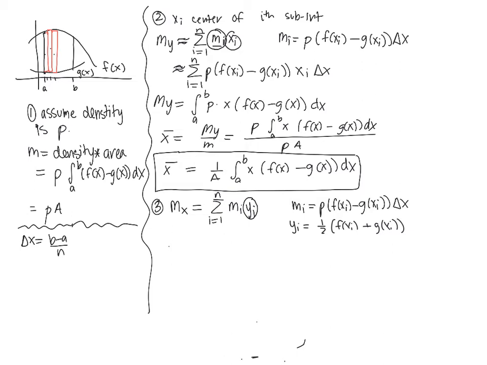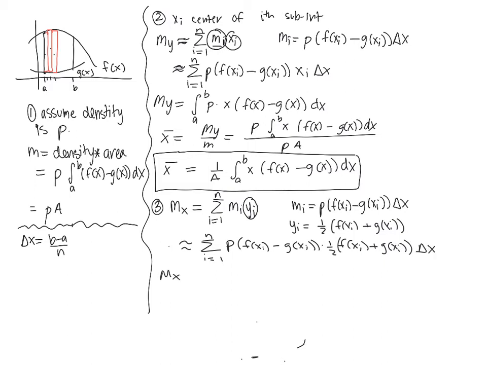And plugging that in, we have that Mx is about equal to the sum from i equals 1 to n of rho times f of x sub i minus g of x sub i times 1/2 f of x sub i plus g of x sub i delta x.